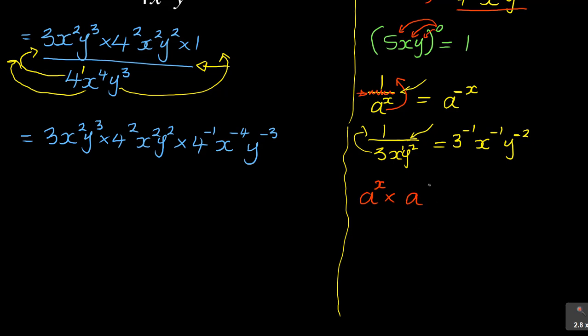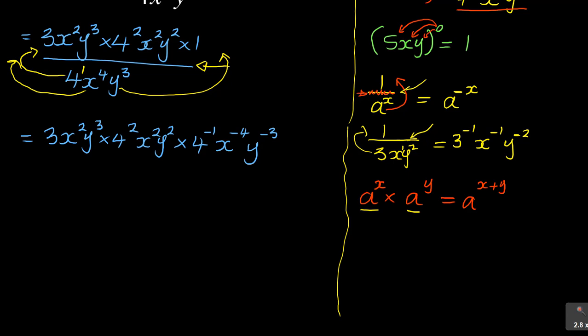I did it in the first part. In the first question, it was this law that they were testing, and I said when the bases are the same, you add the exponents, which is a to the power x plus y. So what we need to do here is identify things that are the same, and we collect some like terms and apply the law.